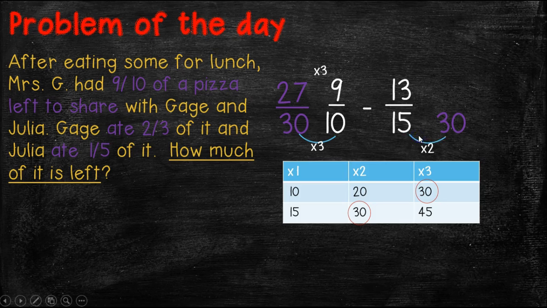Well, we multiplied by 2, so we do the same thing for the numerator, and that answer is 26/30. So our new subtraction problem is 27/30 minus 26/30, and that equals 1/30. So there's 1/30 of a pizza left over. That is a very, very small slice.